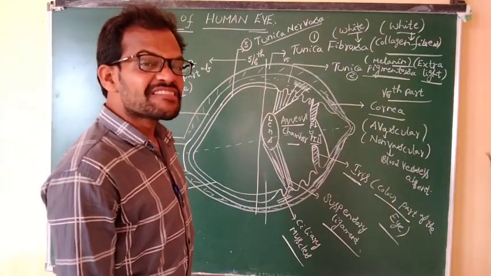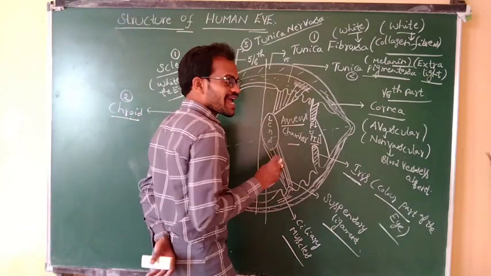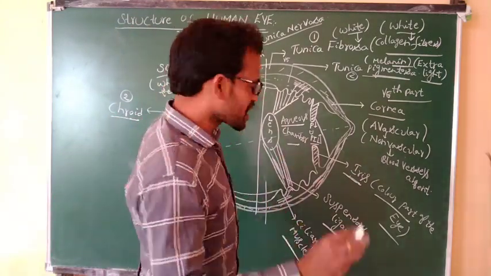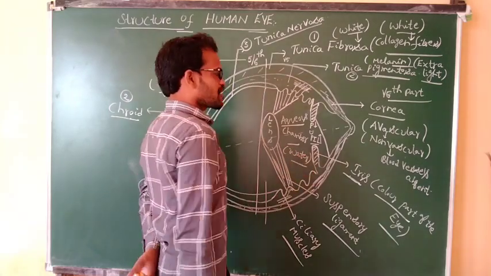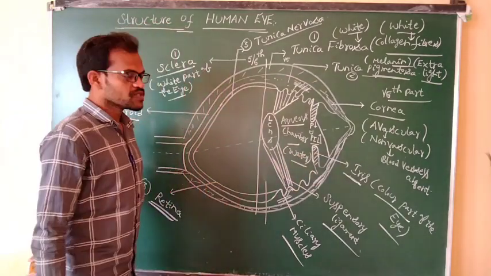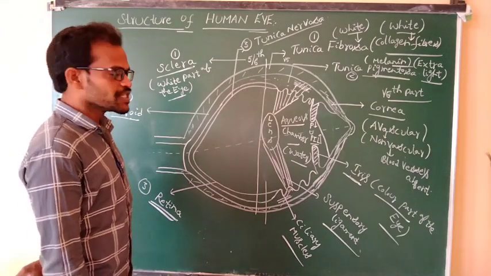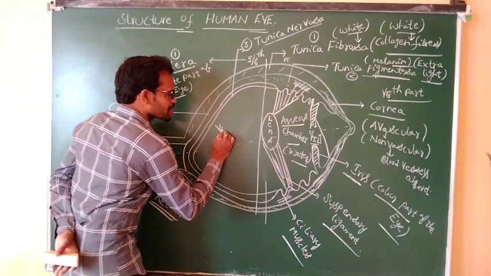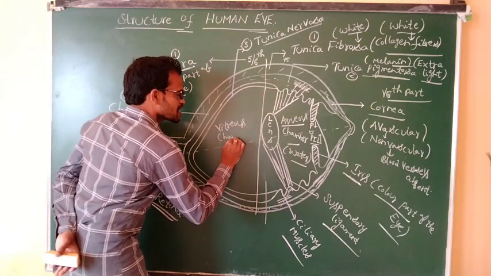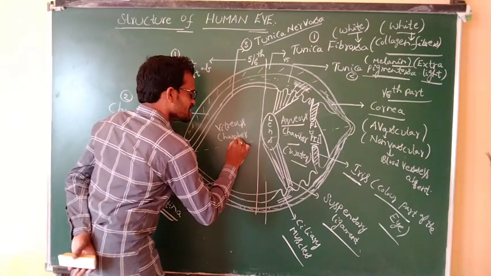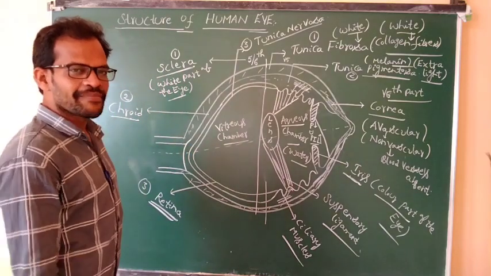Aqueous chamber means it is filled with water. Aqueous humor, humor means water. It is the anterior chamber. The posterior chamber of the eye is known as the vitreous chamber. The vitreous chamber looks like a jelly-like material.